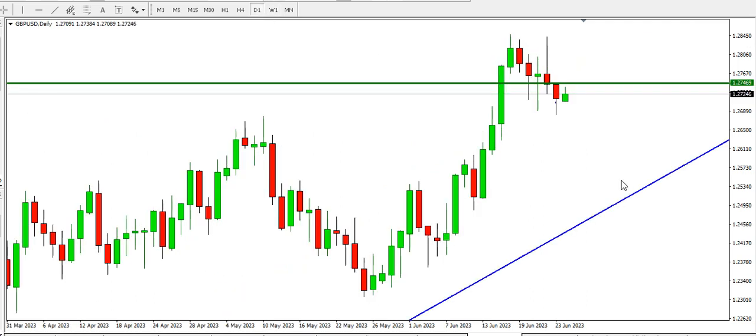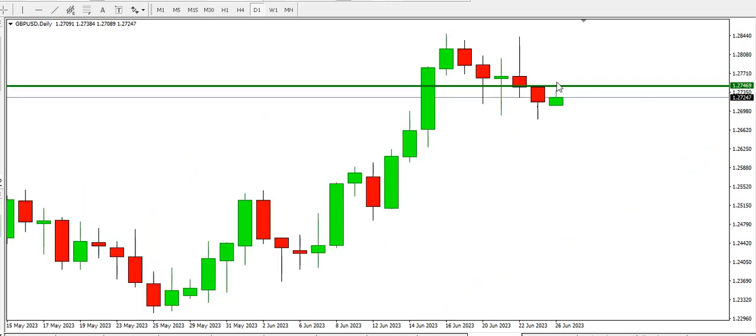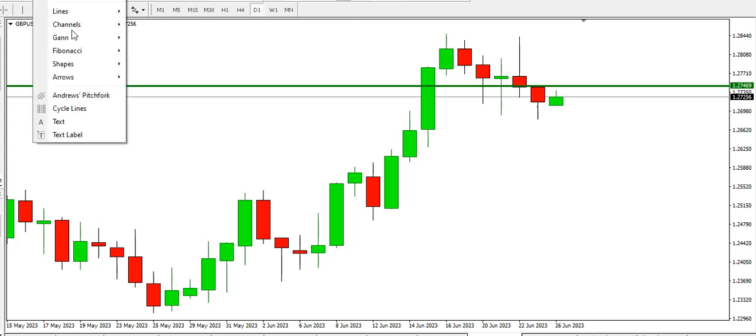On the daily time frame, what do we have? We can see that price has formed a double top, and what we are currently looking at is a retracement of price on the daily time frame.